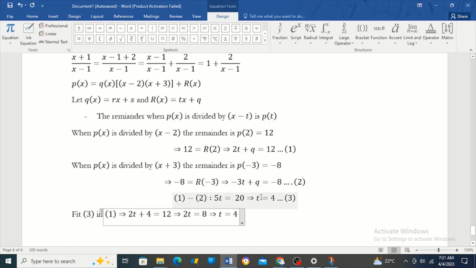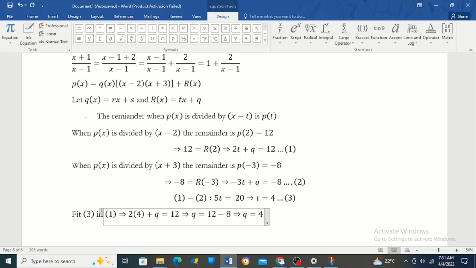In fact, t equal to 4, so we need to replace t with 4 here. Sorry for the error. Then we look for q. So 8 plus q will be equal to 12, so q is equal to 12 minus 8, which is 4. So it means q is equal to 4.